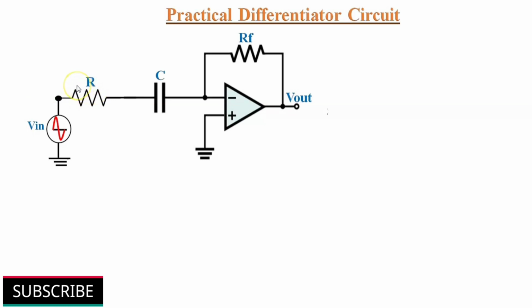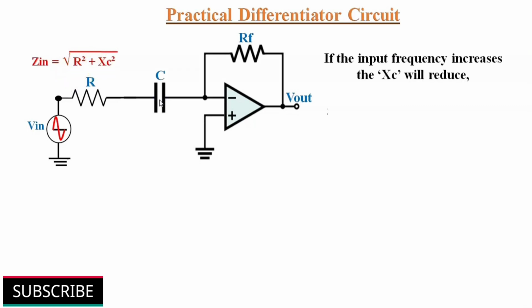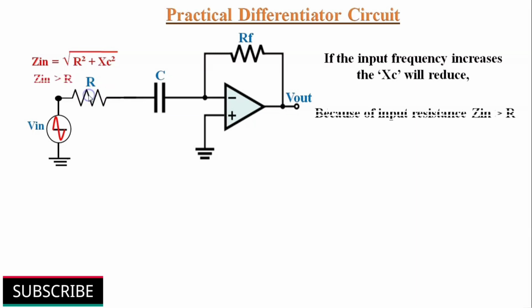So input impedance Zin equals the square root of R square plus Xc square. As the input frequency increases, the capacitive reactance Xc will reduce, but because of the input resistor R, the input impedance Zin is always greater than the value of resistor R. So in this way we can overcome the low input impedance limitation.